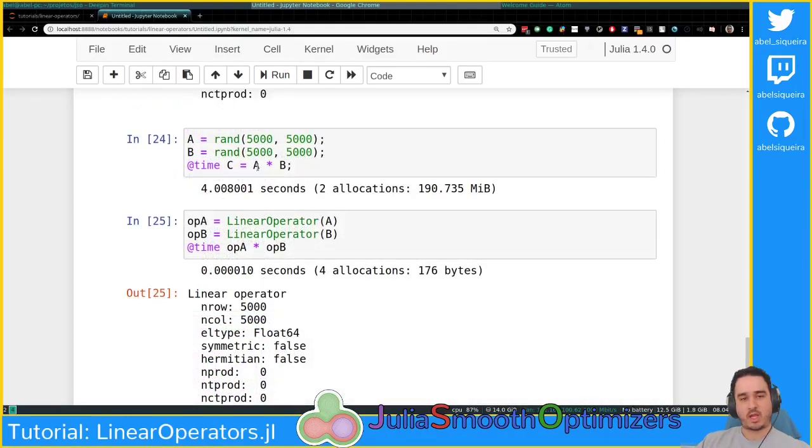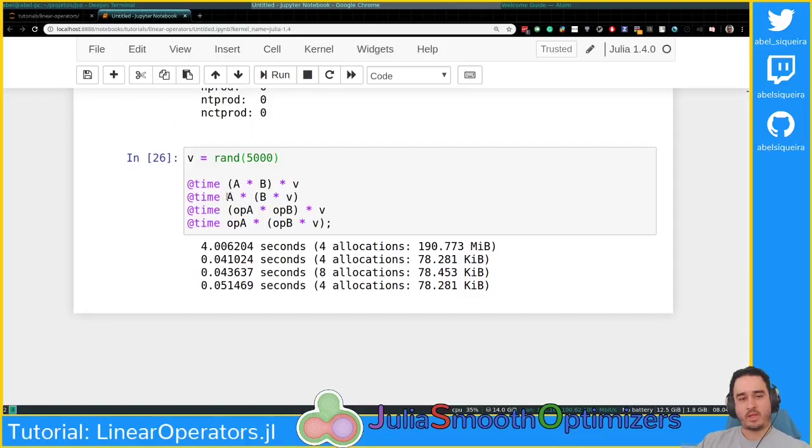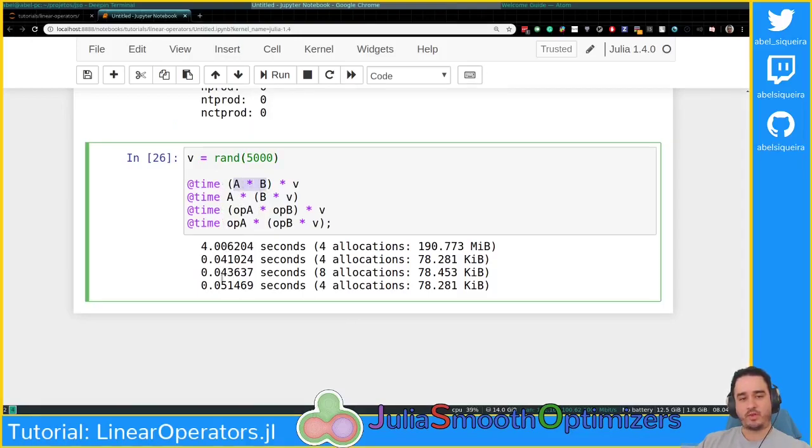The first time I compute the product of A times B, it took 4 seconds. When I compute A times B first, it takes 4 seconds and some small additional time, which is not much. When I compute any other option, I have essentially the same result, okay?